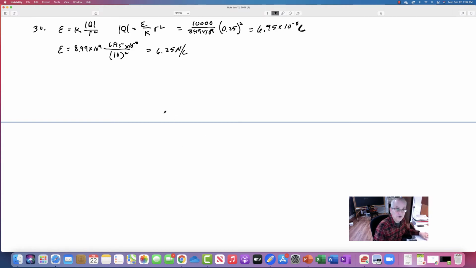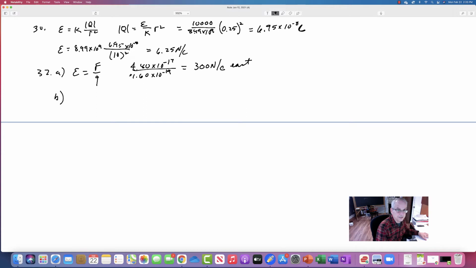Okay, so first of all, this is 32, A. So E is equal to F over Q. That's a formula that's in your book. And if you put the force, which is 4.80 times 10 to the minus 17, and the charge of an electron is 1.6 times 10 to the minus 19, then the field has to be 300 newtons per coulomb eastward, the opposite direction.